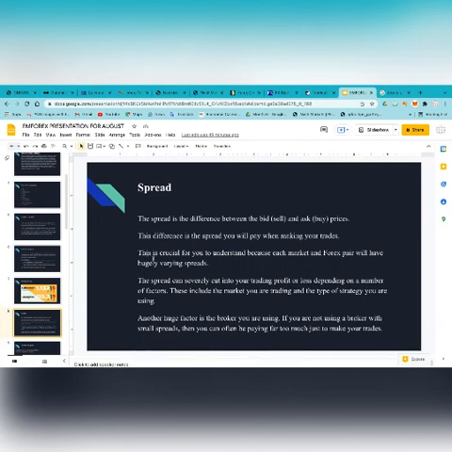This is crucial for you to understand because each market and forex pair will have hugely varying spreads. There are very large spreads when it comes to exotic pairs, like the ZAR, the baht, and Singapore dollars, SGD.